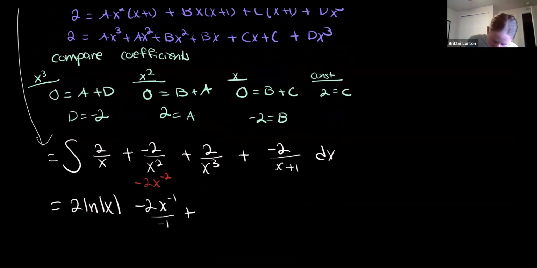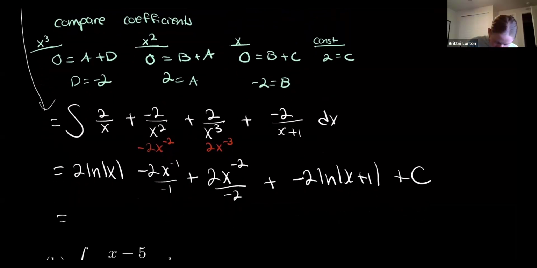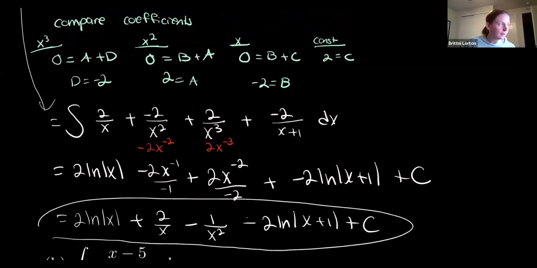Same thing for this other one. You can think of that in your head as 2x to the negative 3. And I would have to add 1 to the power, divide by the new power, and then of course when it's linear on the bottom we still have the ln, and then that would simplify to 2 ln of x plus 2 over x minus 1 over x squared minus 2 ln of x plus 1 plus c. Ta-da!